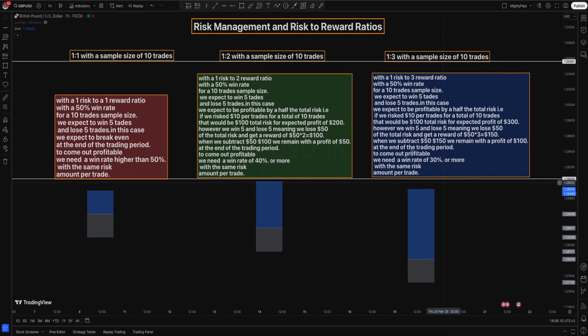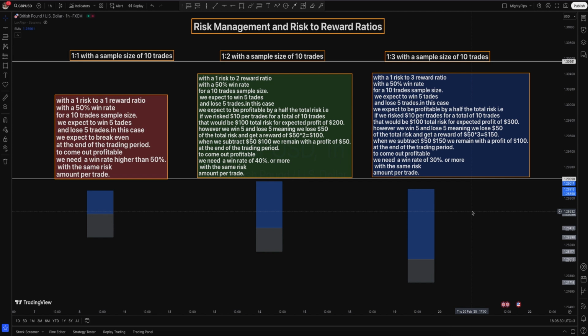All right, so with a 1 to 3 risk to reward ratio, you only need to win 30% of your trades for it to be profitable. Meaning out of 10 trades, you only need to win 3 of them and lose 7 of them for it to be profitable.